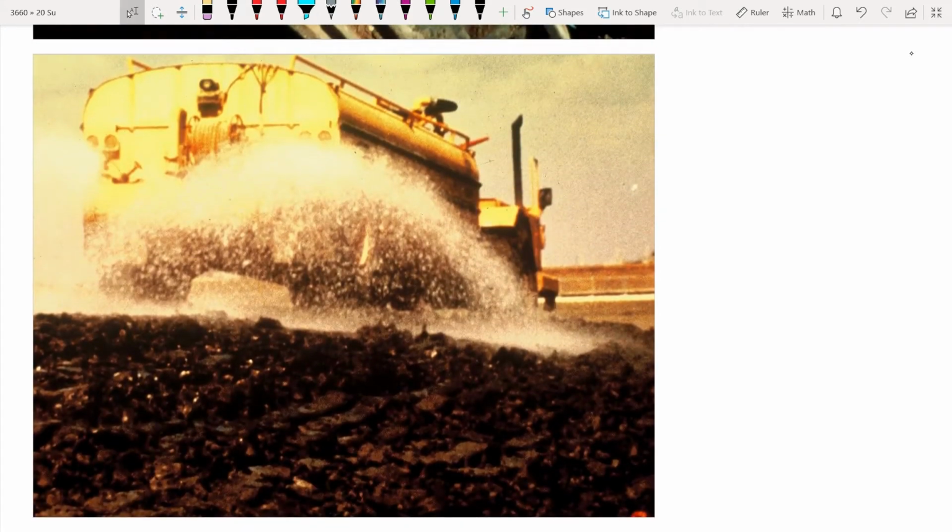The compaction effort is not the only factor. When we talk about soil compaction, another very important factor is water. If we just talk about compaction effort, you can bring very heavy machines.